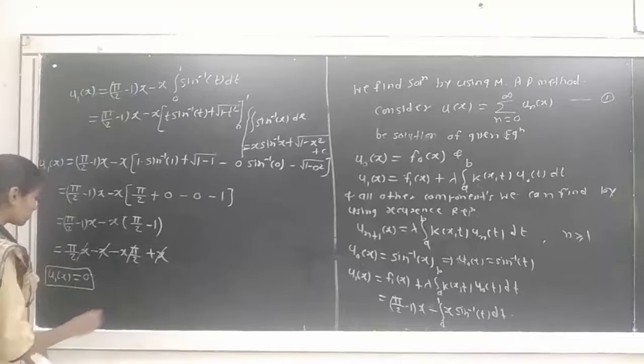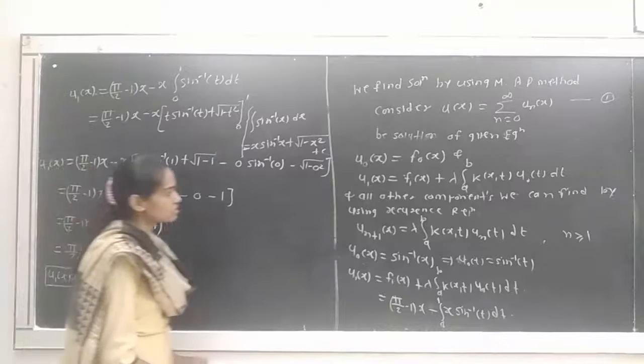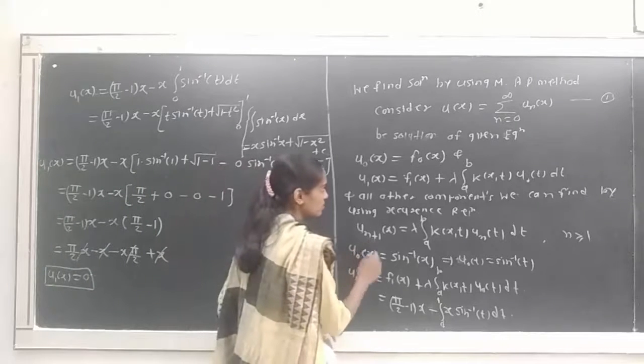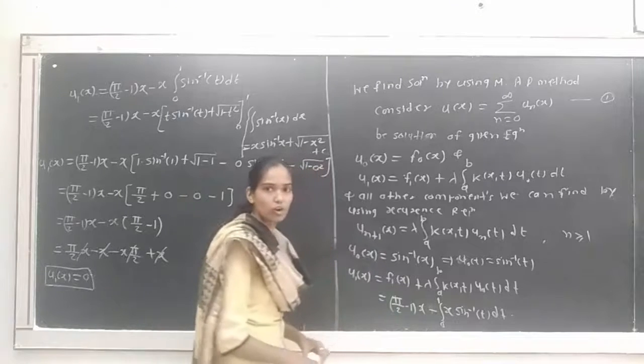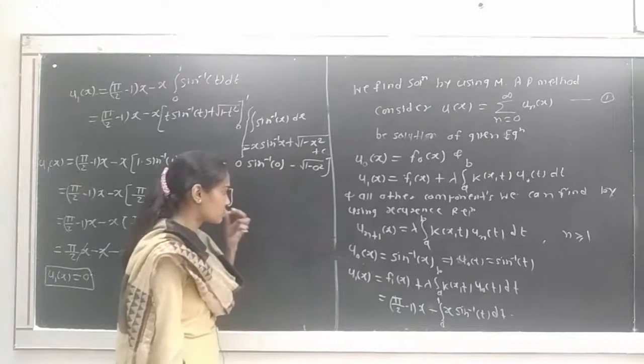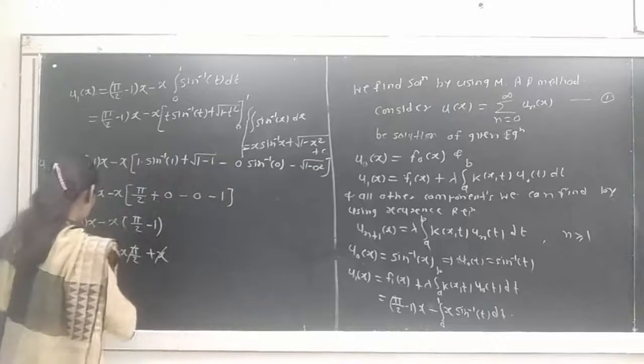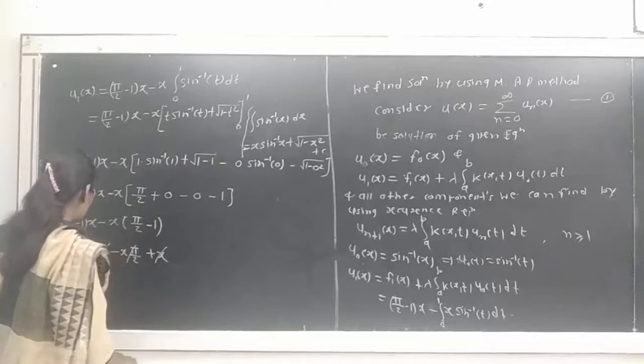Then we find all other components by using the recurrence relation. All other components are also 0, because u1 of x is equal to 0.